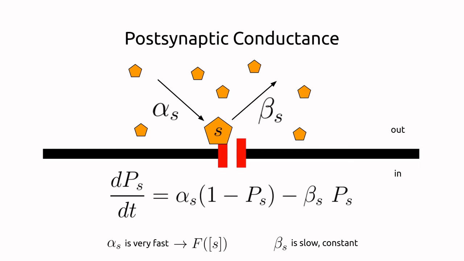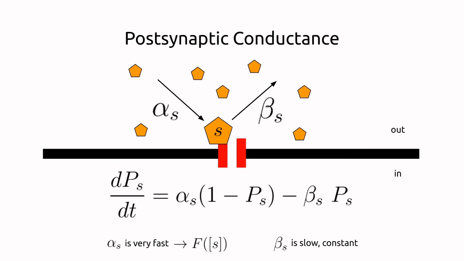We'd have to model the breakdown of the transmitters by enzymes as they cross the synaptic cleft. We would require exceedingly small time steps to model this with high fidelity. And this is starting to get to a degree of complexity of the model where it's not necessarily useful for our modeling purposes.